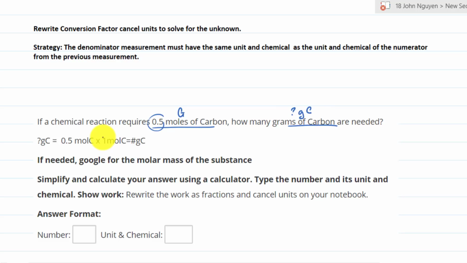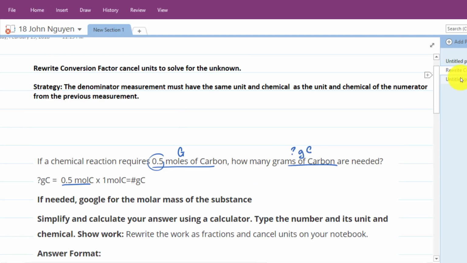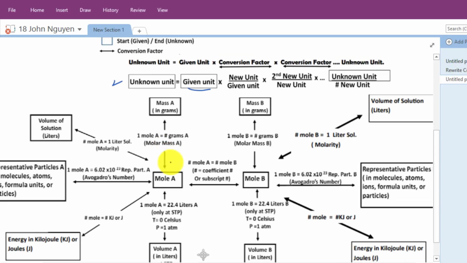Using the flowchart, I'm starting with my given and multiplying by the conversion from moles to grams. If we go back over here and look at our map, this is our mole starting. And where did we end? Grams. So from here to there, we multiply by that conversion factor.